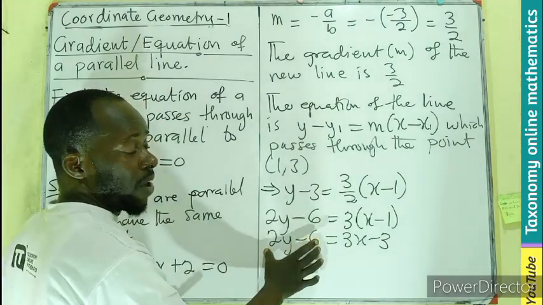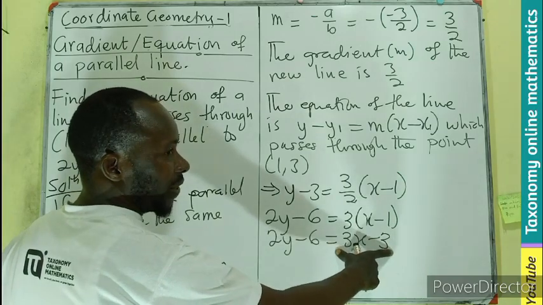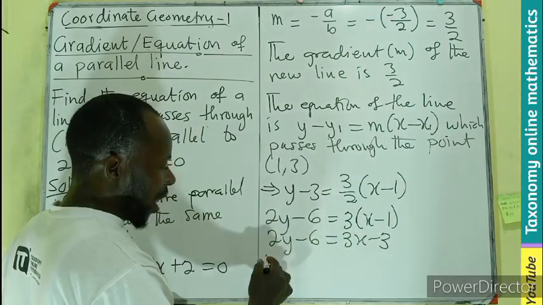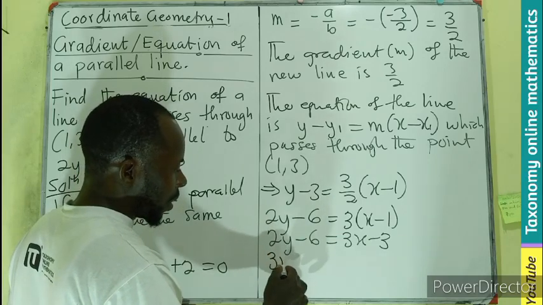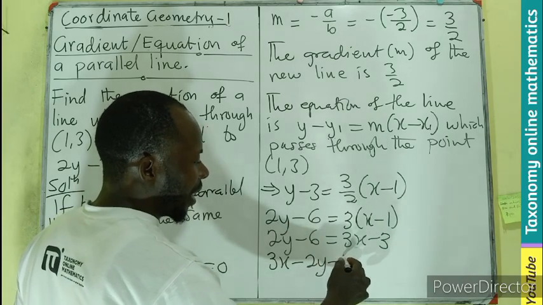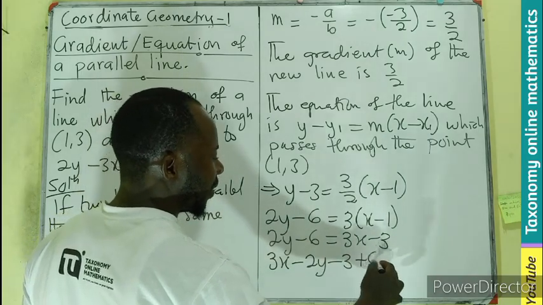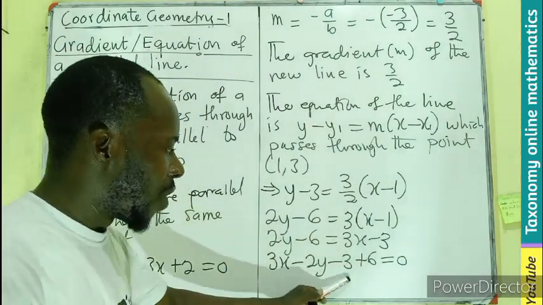So now let's transpose everything from the left to the right. We'll be maintaining this one since they're already on the right. So I have my 3x. Then let's bring minus 2y, minus 3, plus 6 equals 0. Let's compute the other end here.